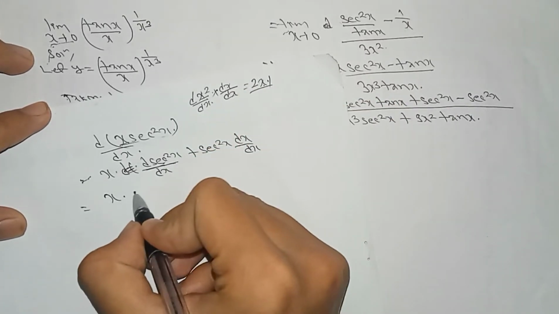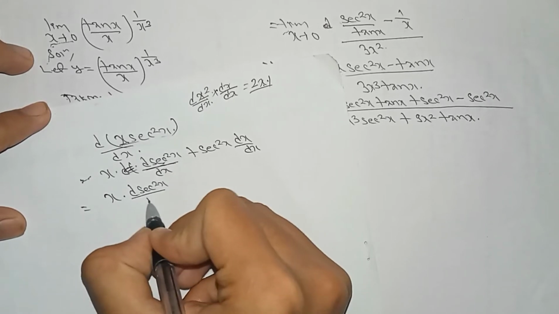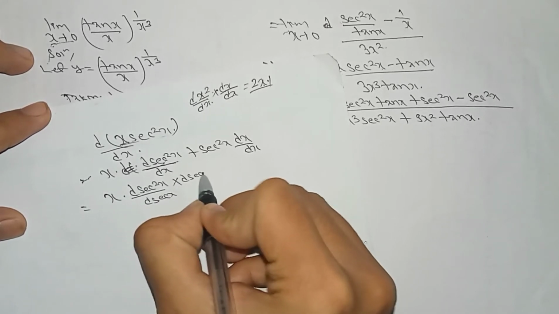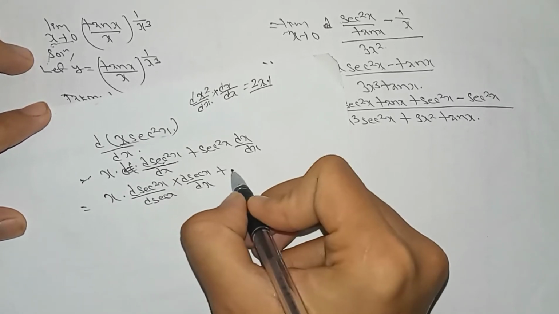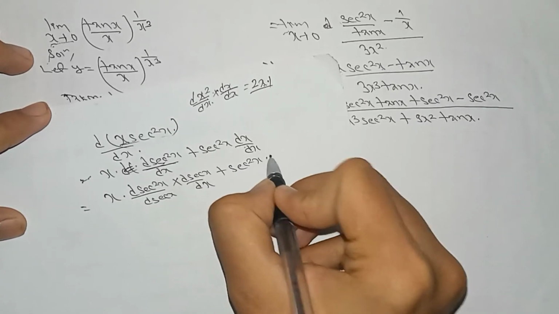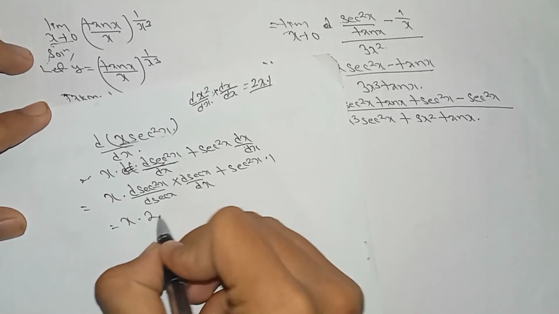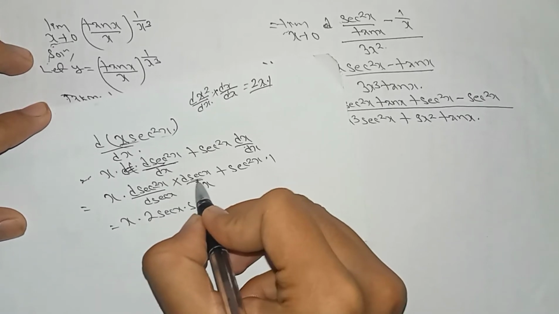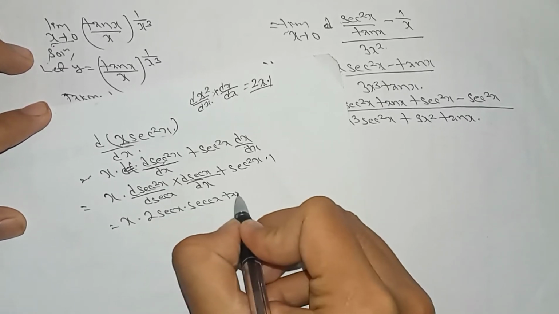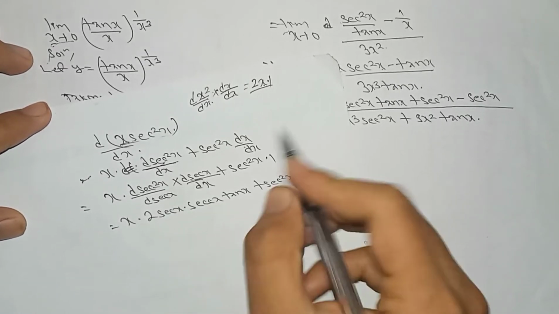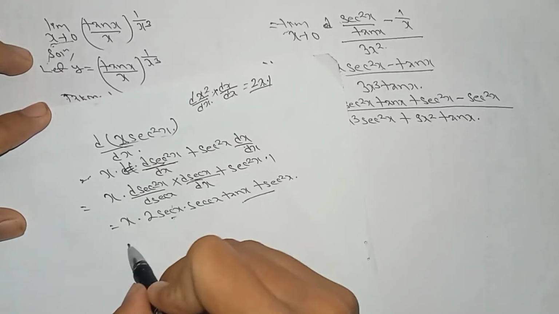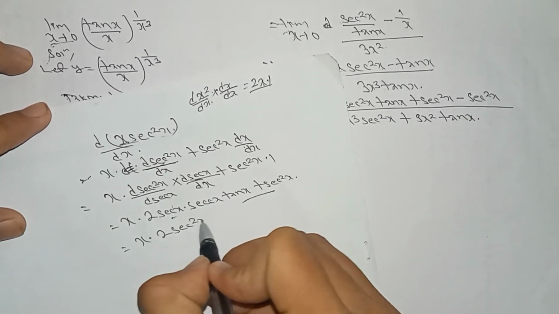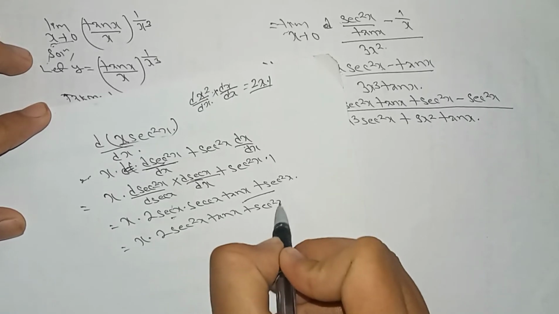Like this, here d sec square x by d sec x into d sec x by dx, so it is 2 sec x, and the derivative of sec x is sec x tan x. So we can write 2 sec square x tan x plus sec square x.